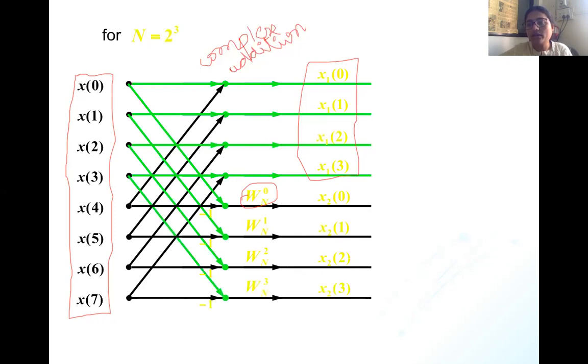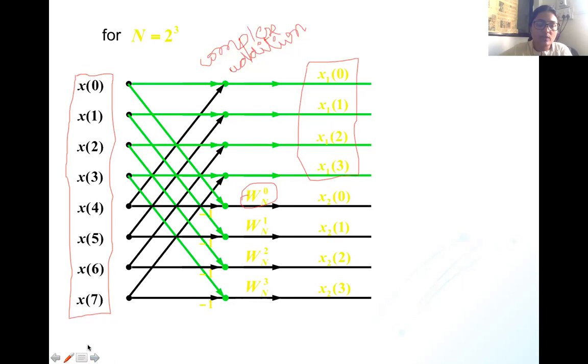The last point of this computation is x2 of 3, calculated by performing subtraction first, x of 3 minus x of 7, and then multiplying by W raised to 3 suffix 8. So this is the first stage of computation.